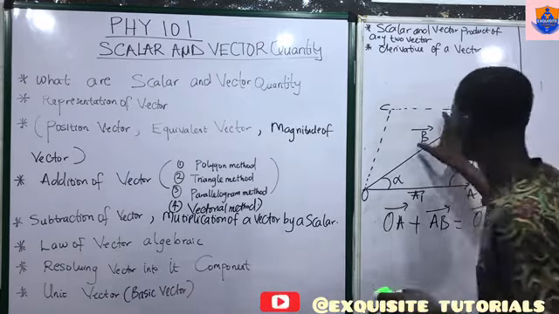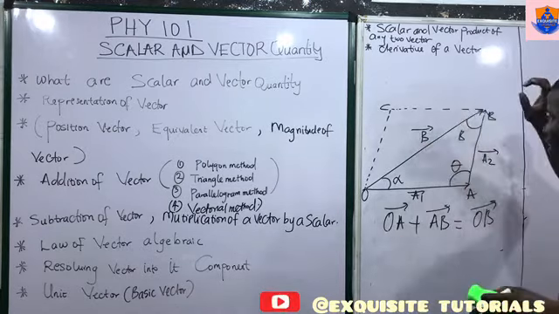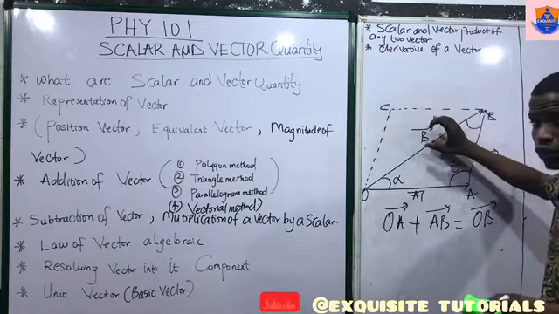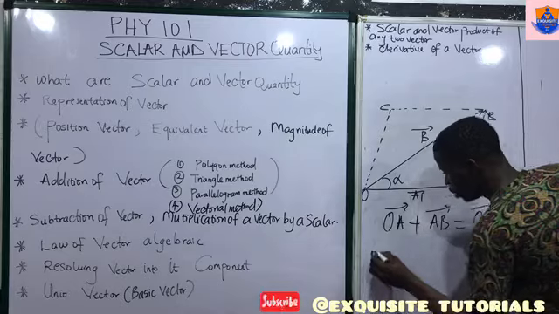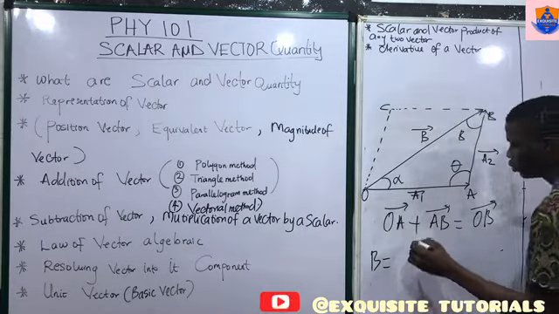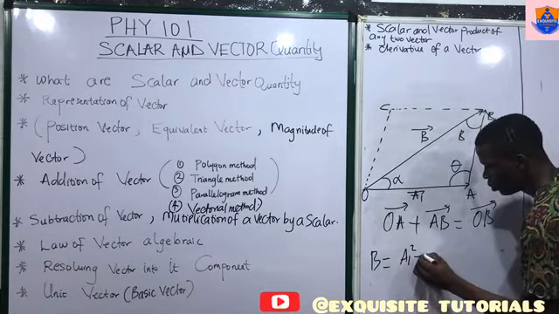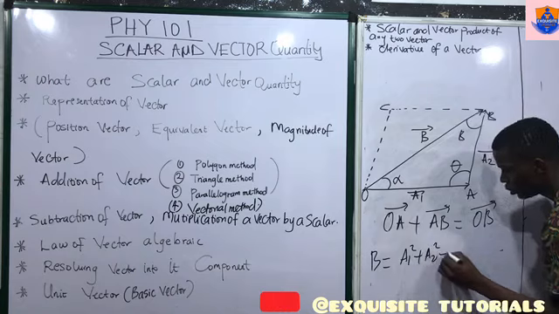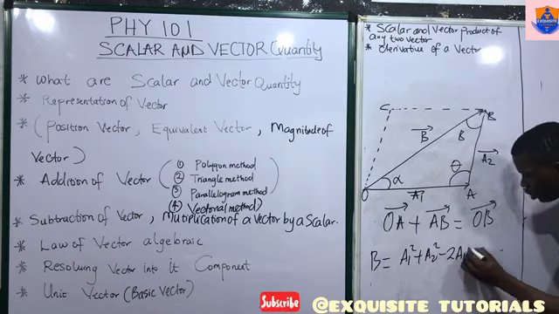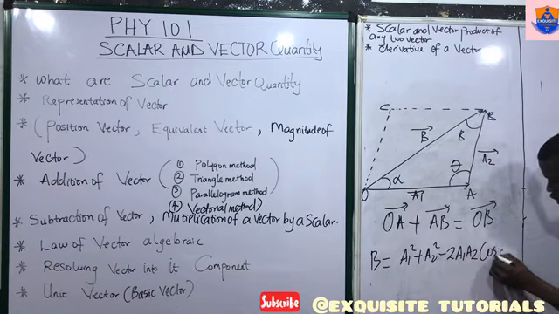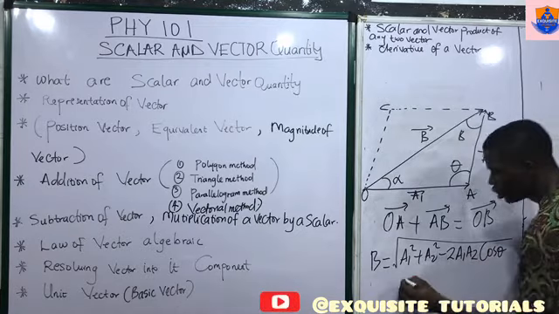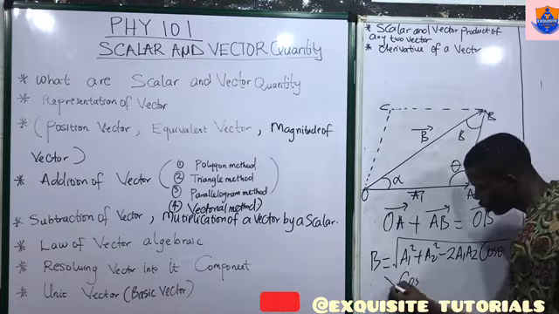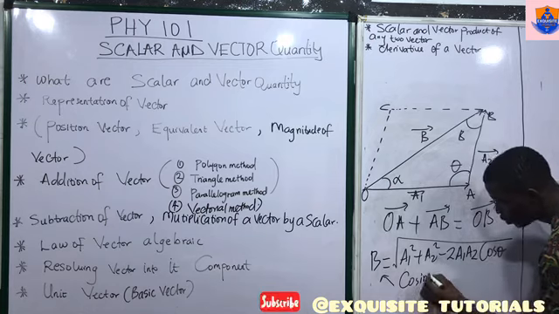We're told to find the resultant, which is the magnitude of this vector B. At that point, we'll be using our cosine rule as usual, which is the square root of a1 squared plus a2 squared minus 2 a1 a2 cos theta.